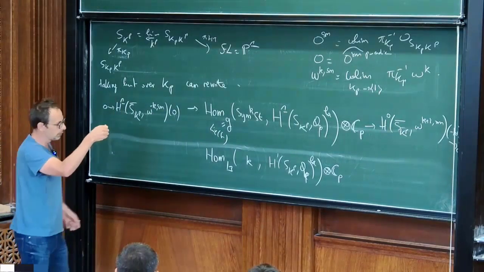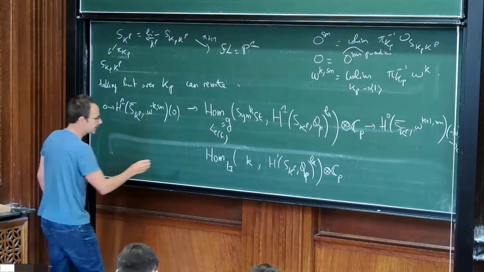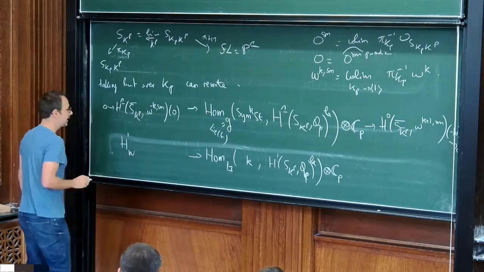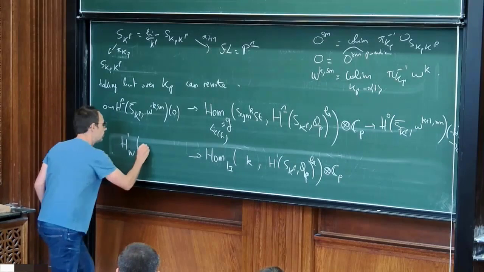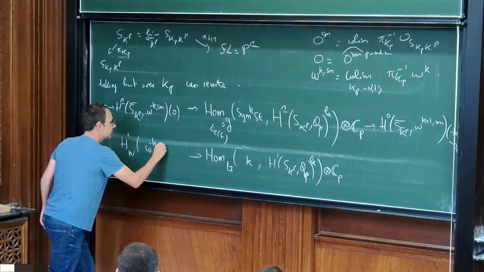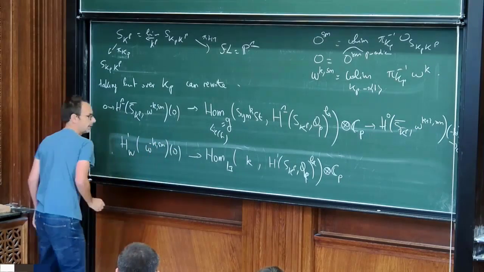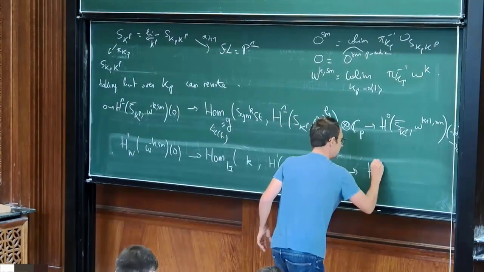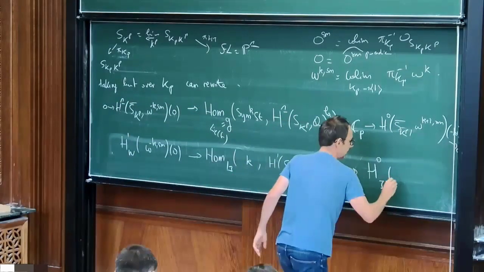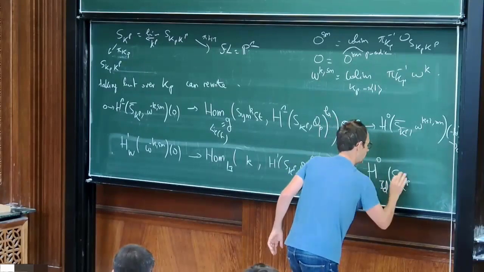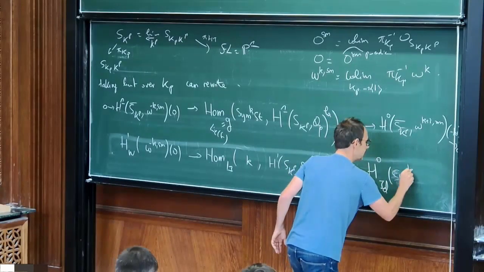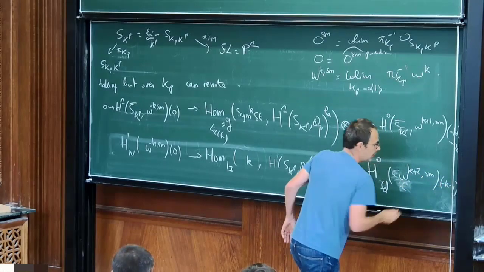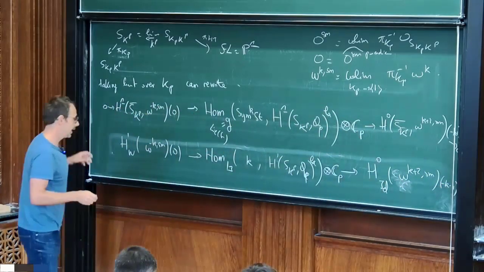The first thing Pan constructs is a complex, where here you have some space that I denote by H^1_W of ω^{-k} smooth, and there I have some space that I denote by H^0 of, let me forget the space, ω^{k+2} smooth, and there's the twist.